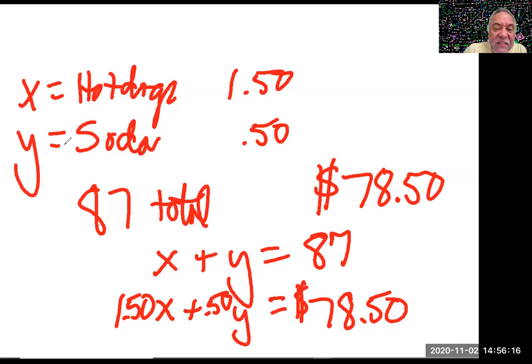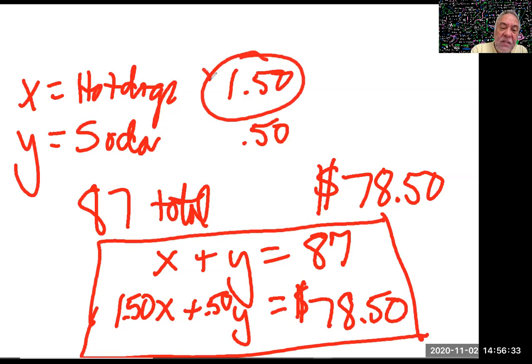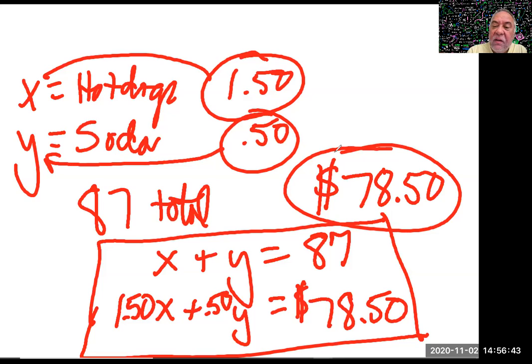But if you use x and y, most calculators just understand those and go straight into it. So there are your two equations now. Total objects: x plus y is 87. And then the value of those objects: $1.50 times the x value plus 50 cents times the y value equals the total amount you sold. Now let's go put those in the calculator and see what we get.